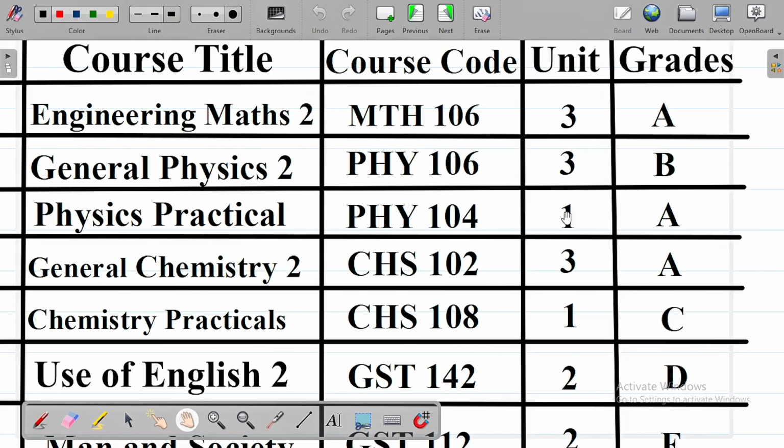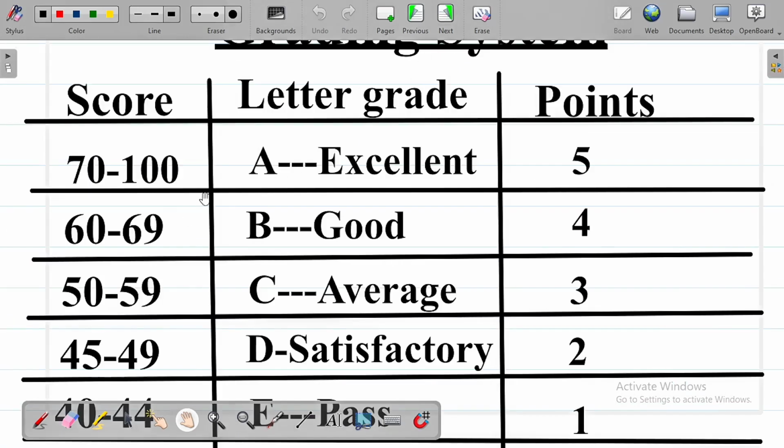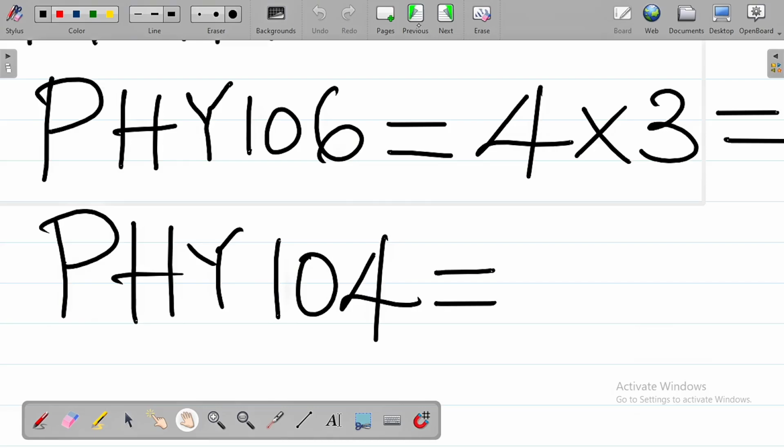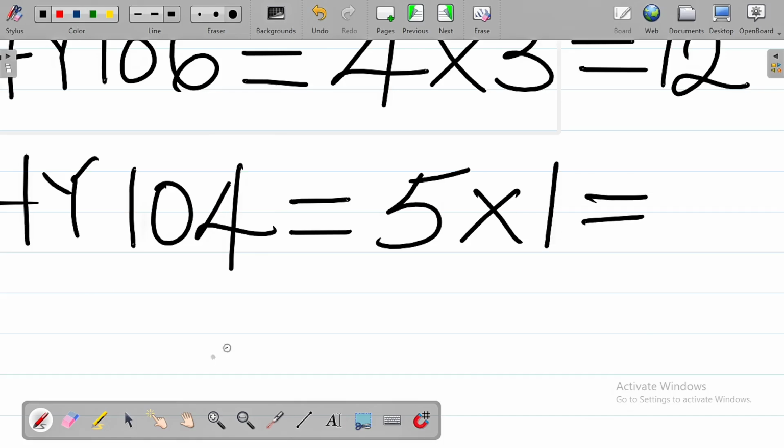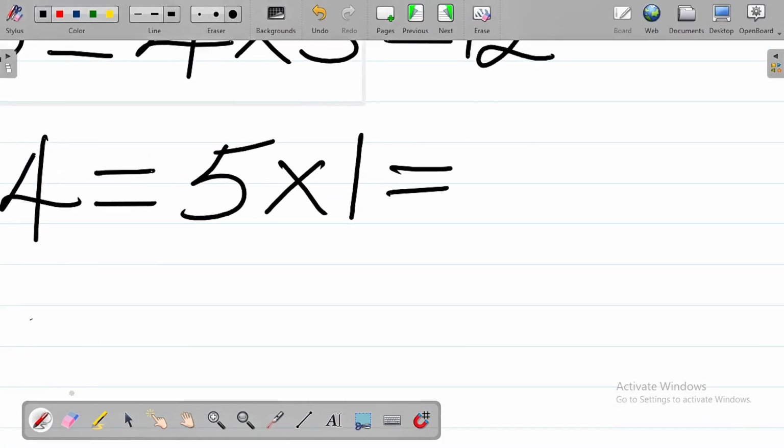Physics Practical is a 1-unit course, and the student has A. Remember, A is from 70 to 100 marks, and A is 5 points. So we have a 5 multiplied by the unit. The unit is 1. So 5 multiplied by 1 is what? It is 5.